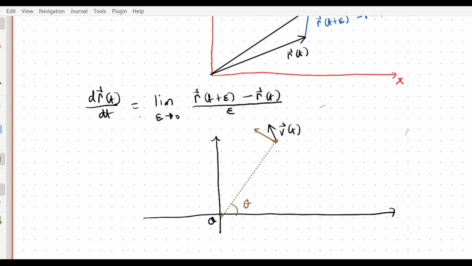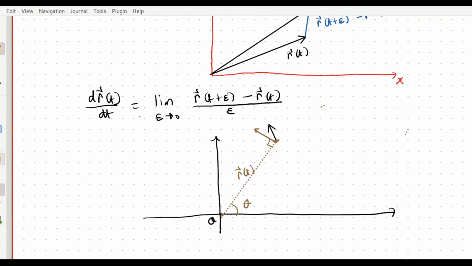This vector is r of t. We want a unit vector parallel to r of t and another perpendicular to it.